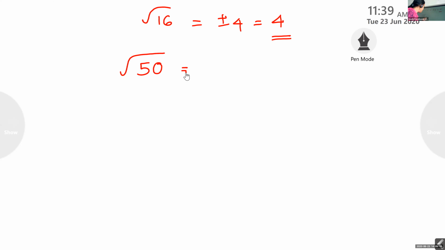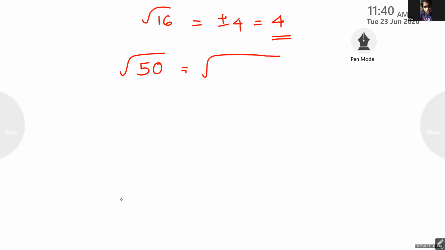You should write 50 as a multiple of a perfect square. Can you write root 50 as a multiple of a perfect square?